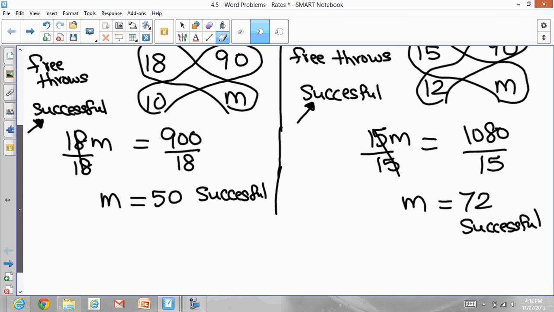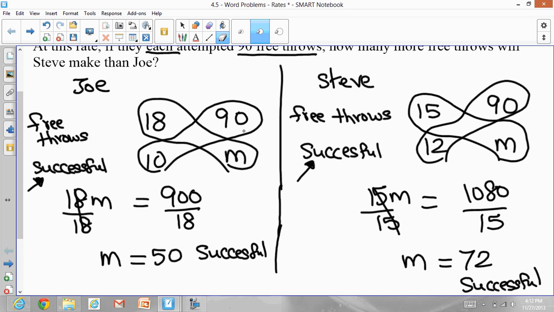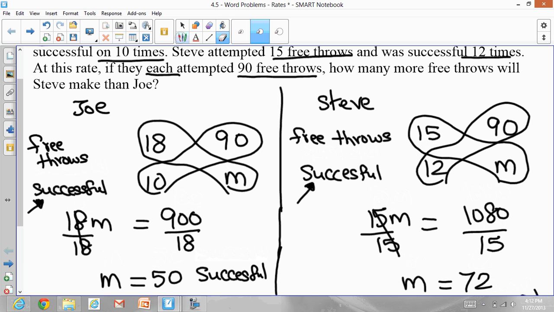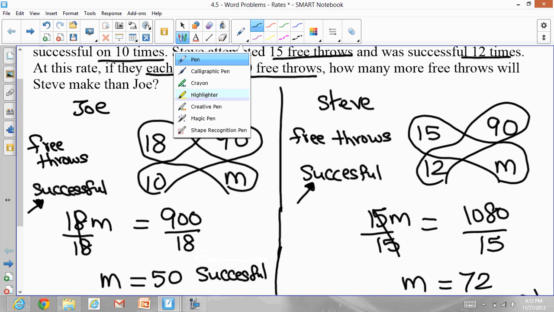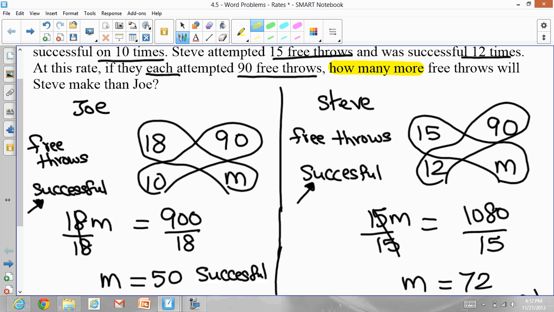Let's go to the question. If Joe attempted 90 times, he's going to be successful 50 of those. If Steve attempted 90 times, he's going to be successful 72 of those. So the question in this case is asking you, how many more free throws will Steve make than Joe? Steve will be successful 72 and Joe will be successful 50.